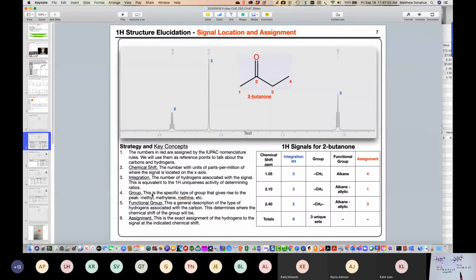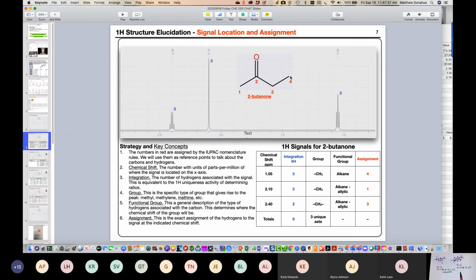The group is the specific type of group that gives rise to this peak. Because the integration is 3, that's telling us it has to be a methyl group. So 3 CH3. The functional group is a general description of the hydrogens associated with that carbon. This determines where the chemical shift will be. So because we're at 1.05 and we look at the different sets, there should be 1, 2, 3 sets.